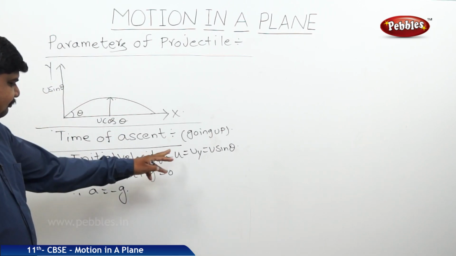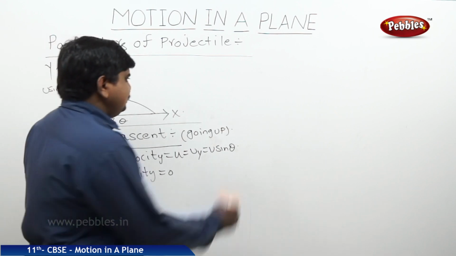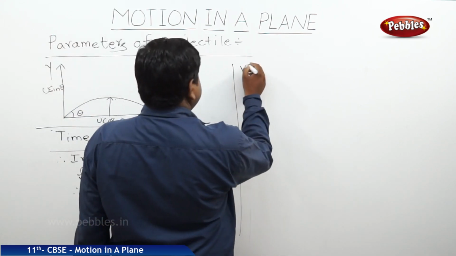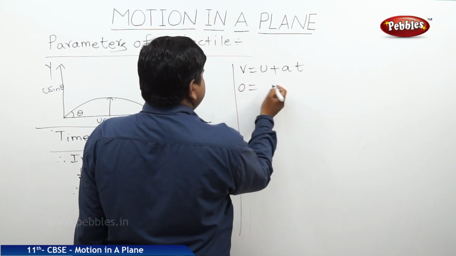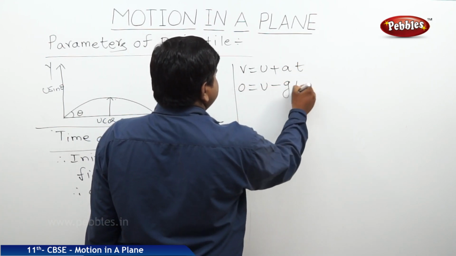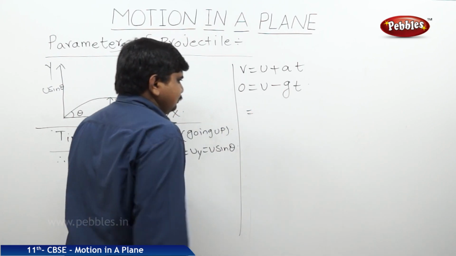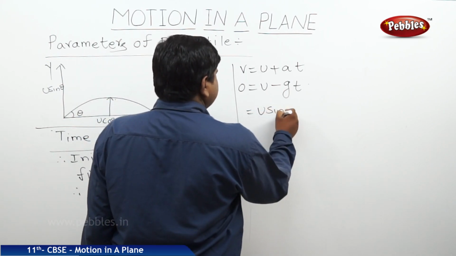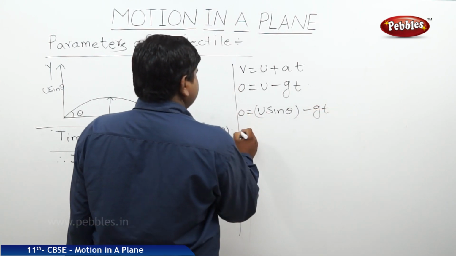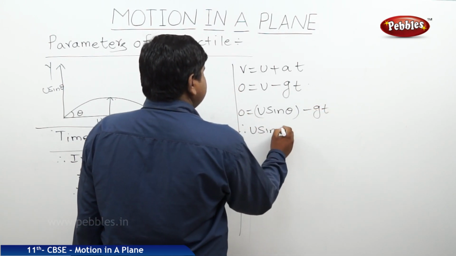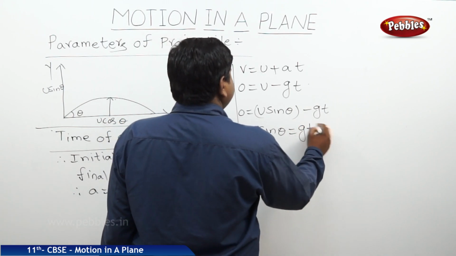The relationship between v, u, g is nothing but v is equal to u plus at. Therefore, it is 0 is equal to u minus gt, where u is u sine theta. u sine theta minus gt is equal to 0. Therefore, it is u sine theta is equal to gt.